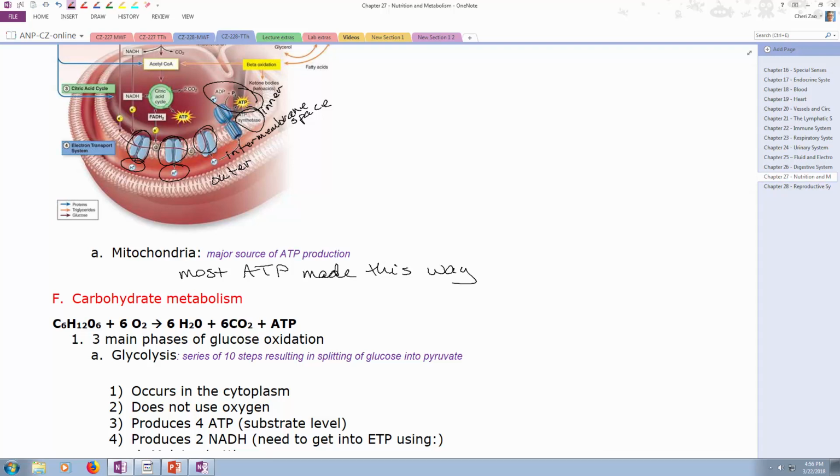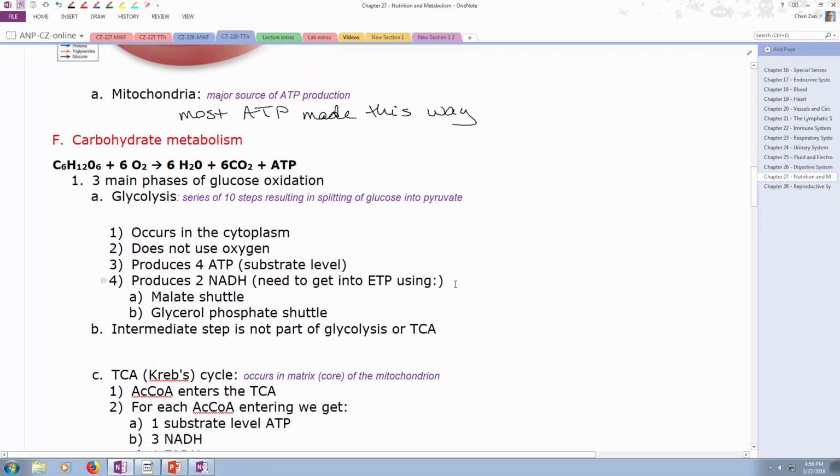And remember, carbohydrate is our major macronutrient that we utilize for fuel, so that's what we're going to go into. C6H12O6 is glucose, plus 6 oxygen molecules will give us 6 water molecules and 6 carbon dioxide molecules, and we are going to figure out how much ATP ultimately we can get when we break down glucose.